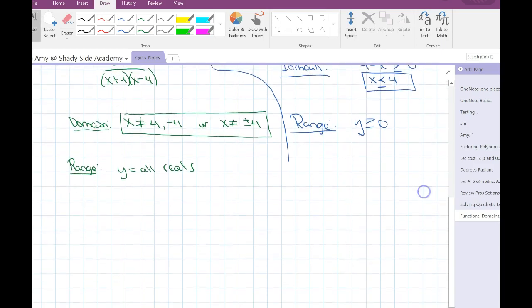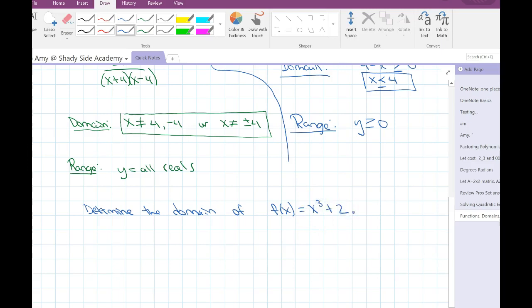Okay, how about this one? Determine the domain of f of x equals x cubed plus 2.